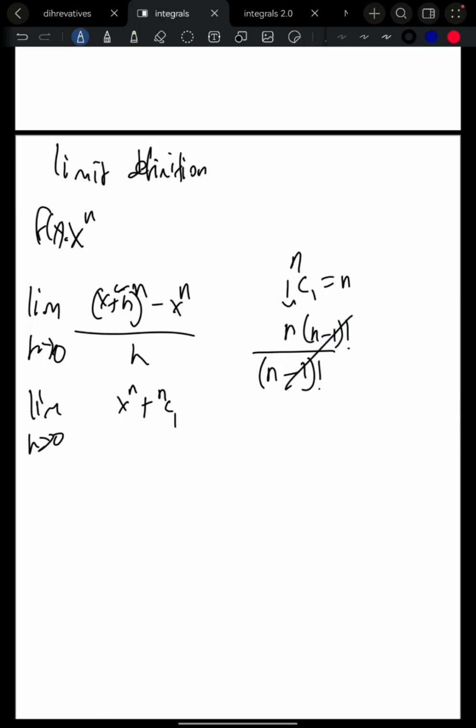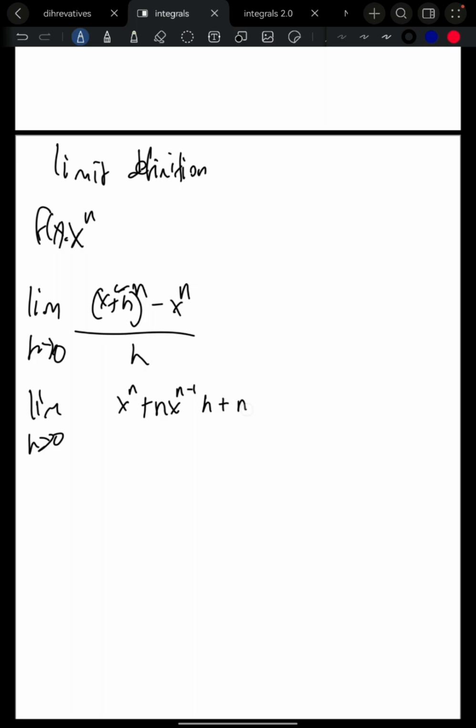So this cancels out, so this is just equal to n, right? Side tangent, but anyways, so this is just n times x to the n minus 1 times h, plus nC2 x to the n minus 2 times h squared, yada yada yada.